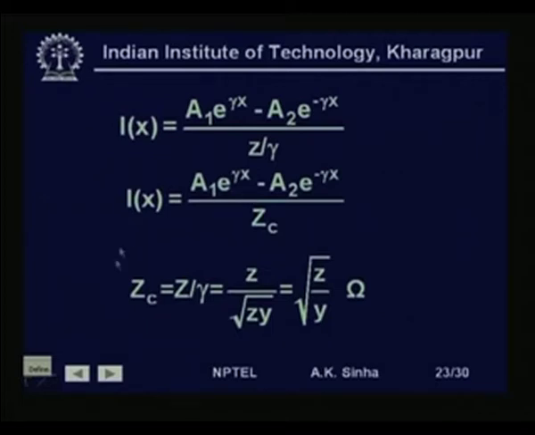If you see Zc as we have put here, it is z by gamma, which is z divided by square root of z y, and therefore, this is equal to square root of z by y, that is, square root of series impedance by shunt admittance. The unit for this is ohms, and therefore this Zc is termed as the characteristic impedance of a transmission line.